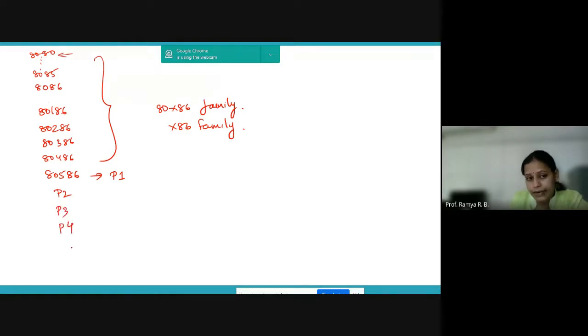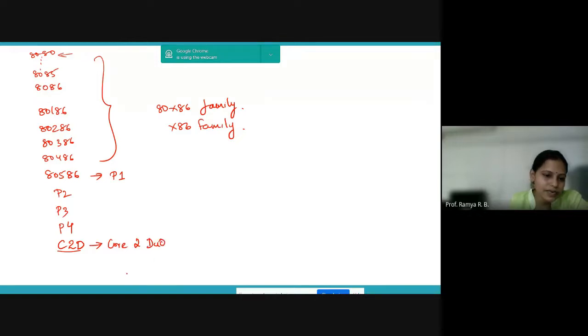After that, which one came? Do you know this processor? I think you might not be familiar, because when I was studying around 2006, the very first computer which I purchased had this processor in it. You might have heard of it, Core 2 Duo.